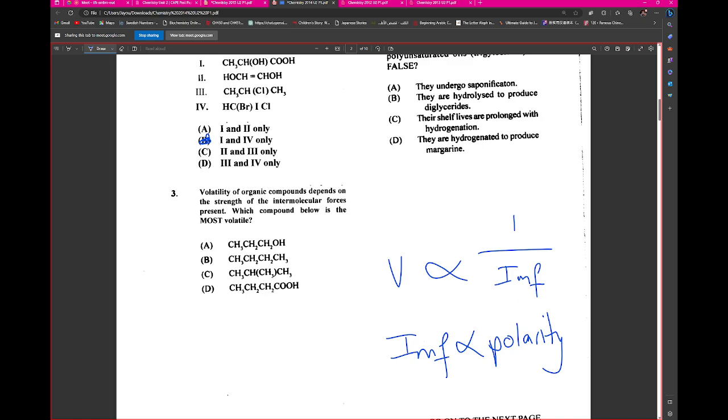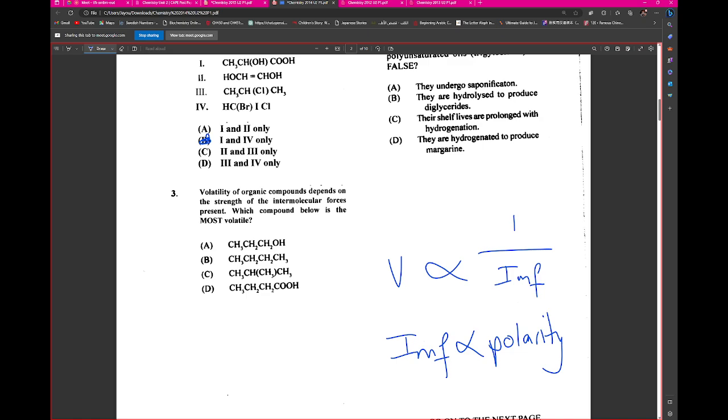Tough crowd. Okay, so I'm saying the intermolecular force is directly proportional to polarity, meaning that the more polar a compound is, the stronger the intermolecular interactions. That's true, right? True. And that means the more polar the substance, the less volatile it is.